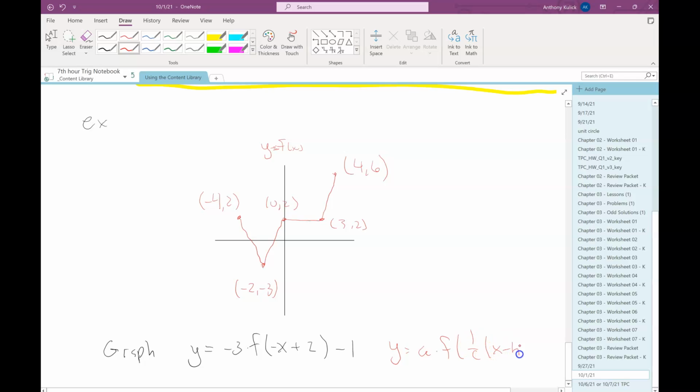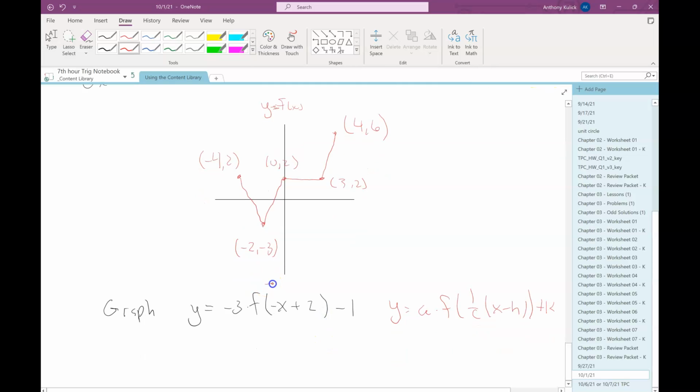We always have to factor out the negative, so make sure you recognize that we have to factor out that negative. So that part inside turns into that. But if it's a positive, you can just leave it like that. If it was a positive one, you wouldn't have to do anything.